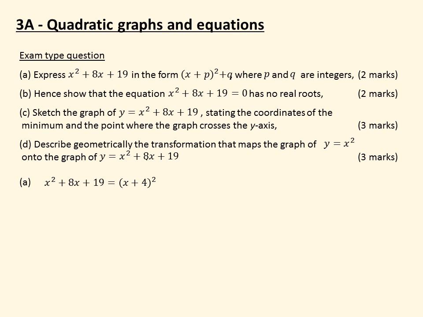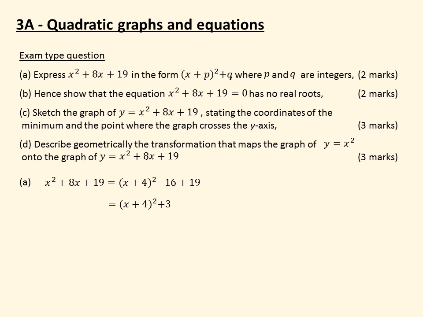But we want the x squared, we want the 8x, but when we square this bracket out, it will also give us a plus 16, which we need to take away. And then we can add 19 from the left hand side. If we now collect these numbers together, we get our completed square form.